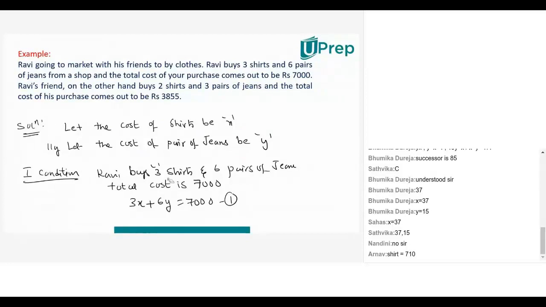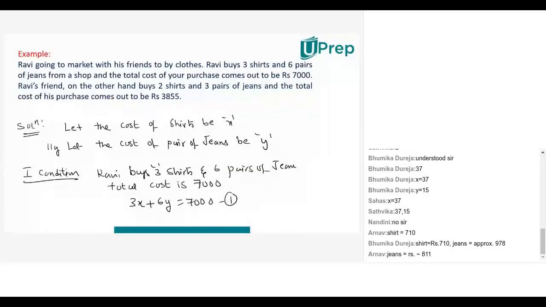He buys 3 shirts, the cost of each shirt is X, so 3X is the total cost. Buying 6 pairs of jeans, each pair costs Y, so the total cost is 6Y. So 3X plus 6Y is 7,000. Now let's check the second condition.